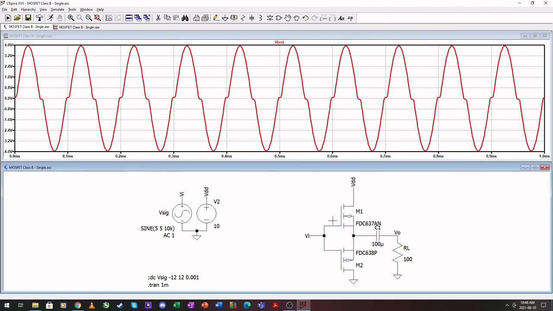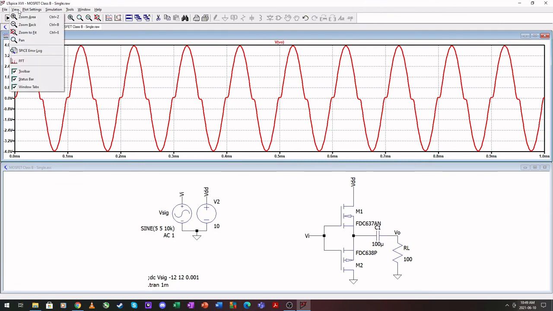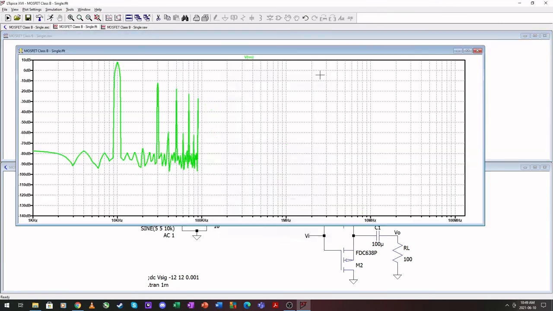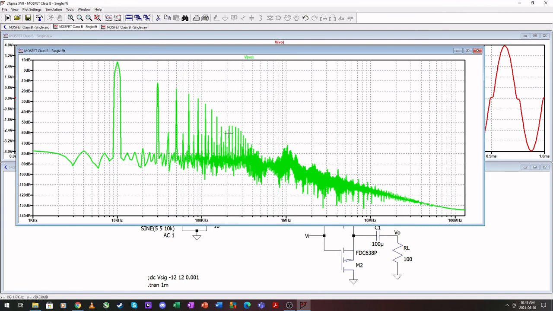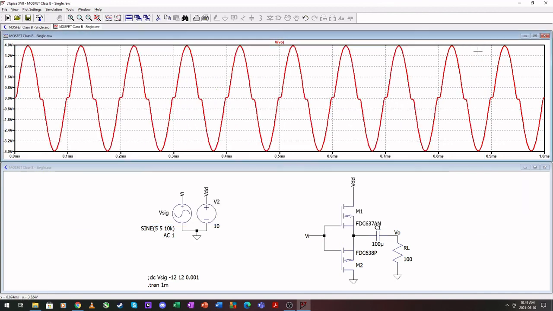But again, you can have better thresholds and this will improve up to a point where it can be better than a BJT application. But we have more distortion here because our threshold voltage is much higher than the 0.7 of a BJT, and you'll find that we have more harmonics for this one. Okay, in any case, let's go and have a look at the version with the op amp.